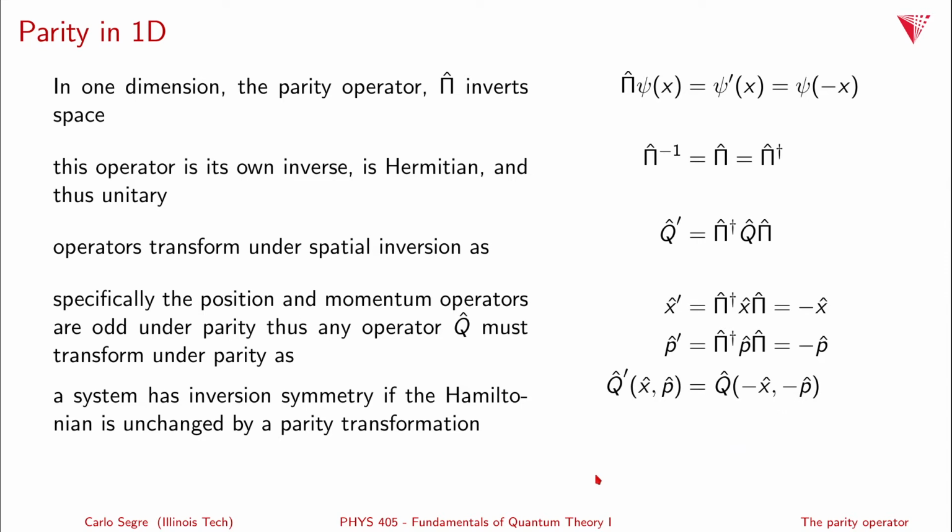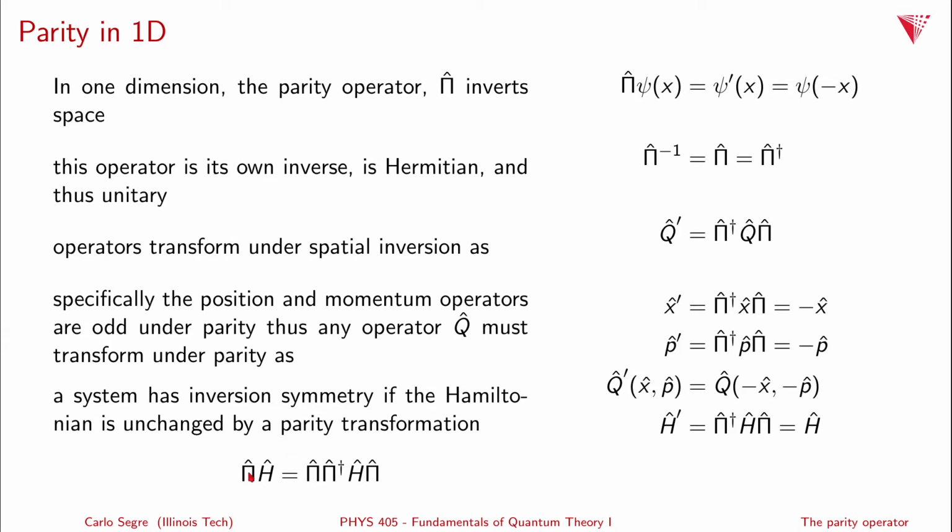So a system is said to have inversion symmetry if the Hamiltonian is unchanged by a parity transformation. That is, if H prime is equal to H, where you've now done a parity transformation on the Hamiltonian itself. Well, if we take that expression, H is equal to pi dagger H pi, right? That's what we're saying by its invariant.